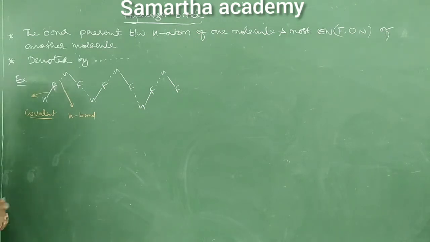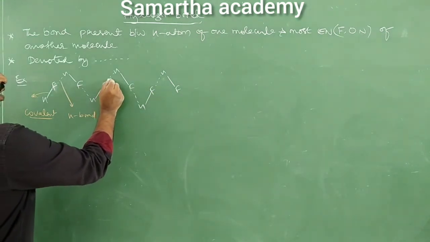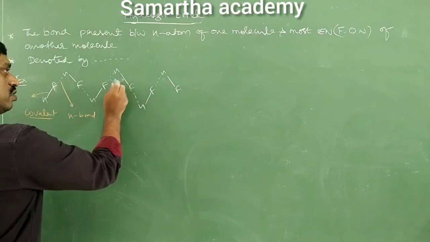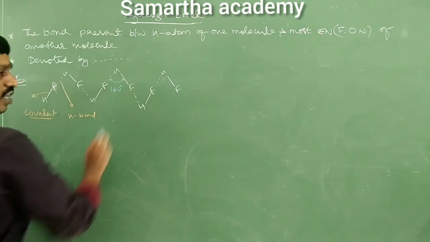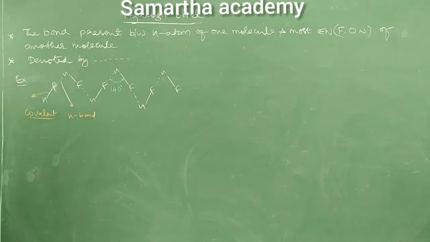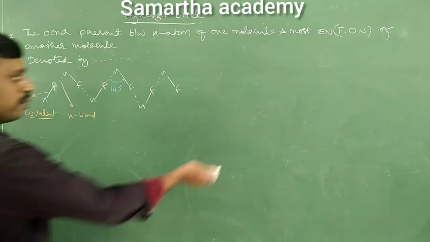Then, here one more important point. The bond angle between this hydrogen bond and this covalent bond is approximately 140 degrees in HF molecule. Okay. This was asked one time in AIPMT: what is the bond angle in HF molecule? Next, one more important point.